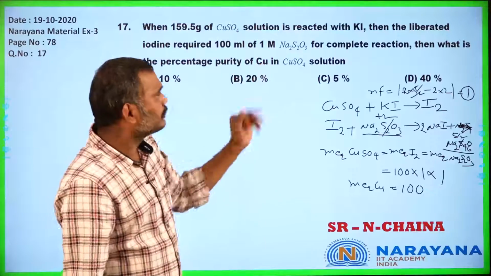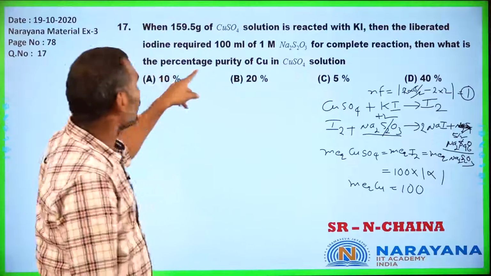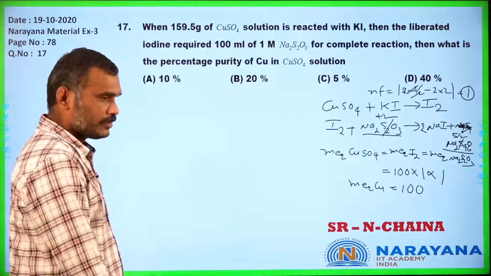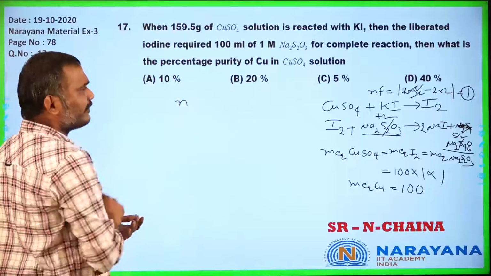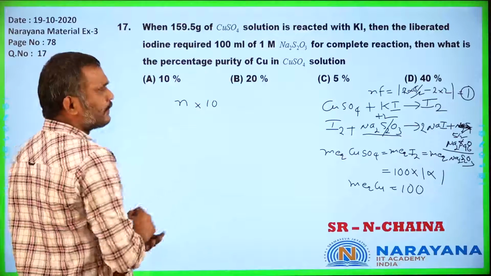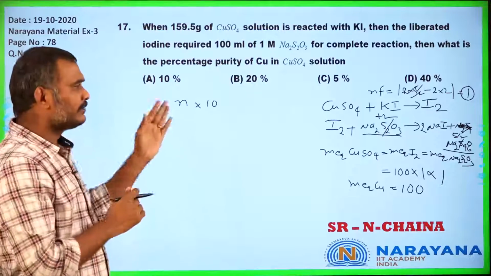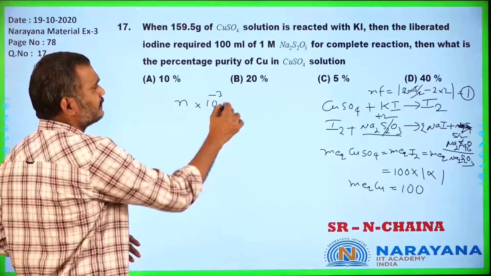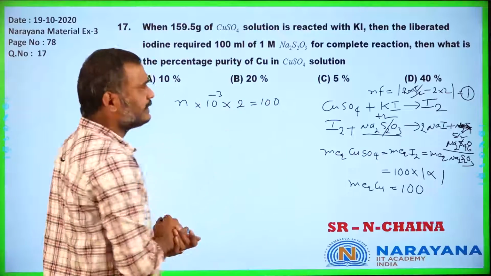Now you see, they asked what is the percentage of purity? You know the milli equivalence formula: number of moles into 10 power minus 3. Why? I am converting milli equivalence into equivalence, into n factor 2, is equal to 100. Is it right?